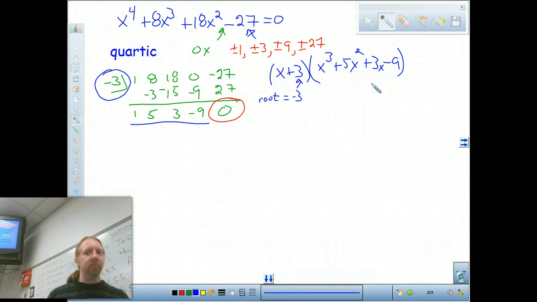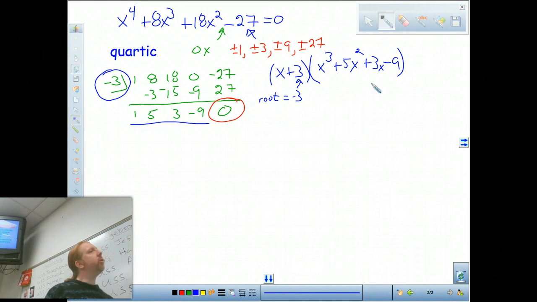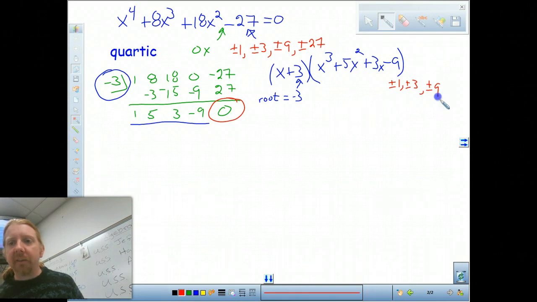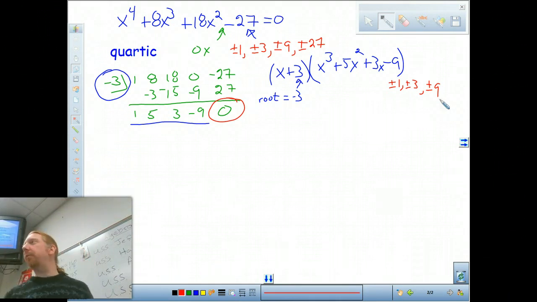So now the question is, can I factor the new cubic expression? Same procedure. I'm looking for possible factors, which at least now the list is a little smaller. Positive negative 1, positive negative 3, positive negative 9. I would try to factor by grouping, but it's not pretty enough.